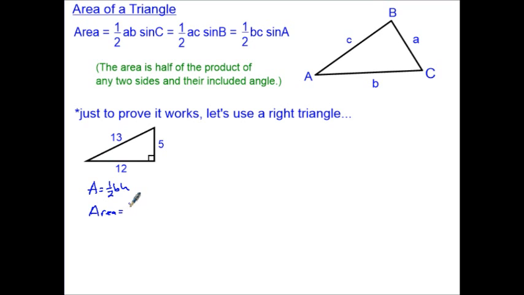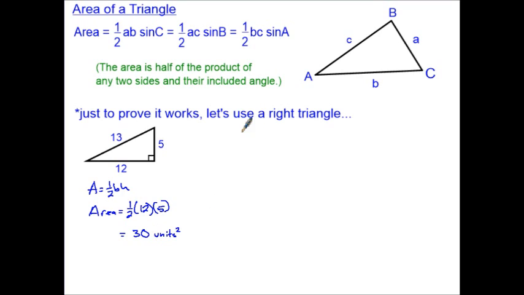Okay, so anyway, 1/2, the base of this guy is the 12, and the height of this guy is the 5. And again, the 13 is irrelevant for the area, at least. So area equals 1/2 times 12 times 5. 1/2 times 12 is 6, times 5 is 30. So then it's 30 units squared. Whatever kind of square units we have right there, we got 30 of them for this area.